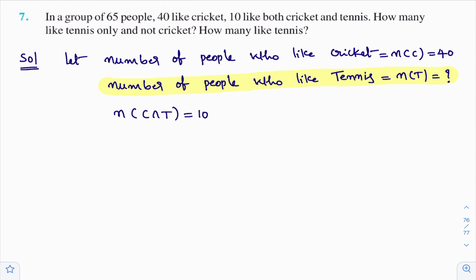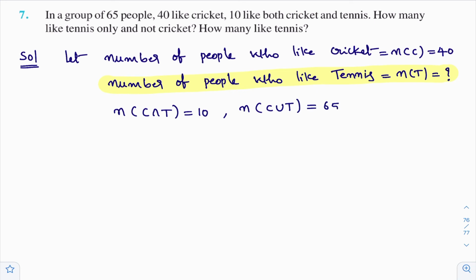So here you need to understand that n of C union T equals 65. In a group of 65 people, 40 like cricket, some people like tennis, 10 like both cricket and tennis. They are discussing only this group. That's why n of C union T is 65.